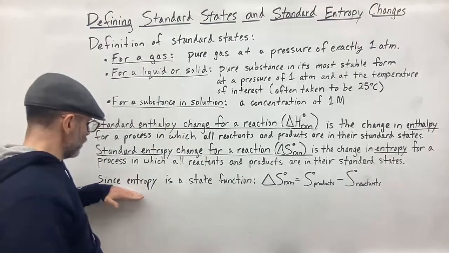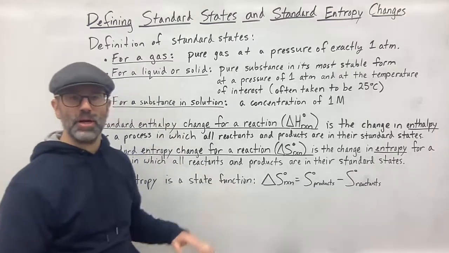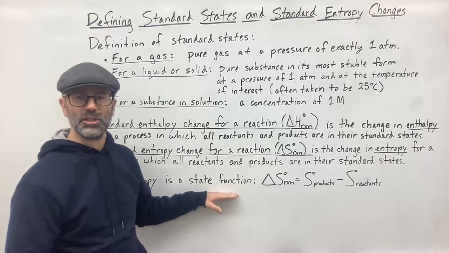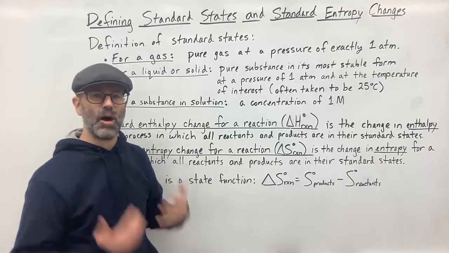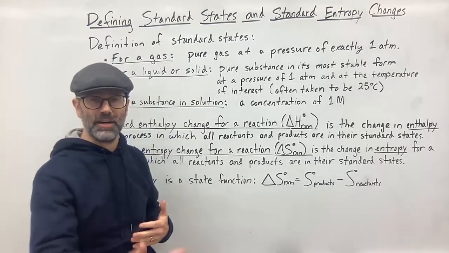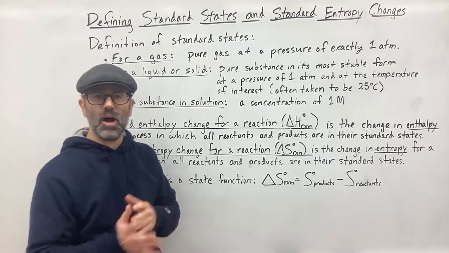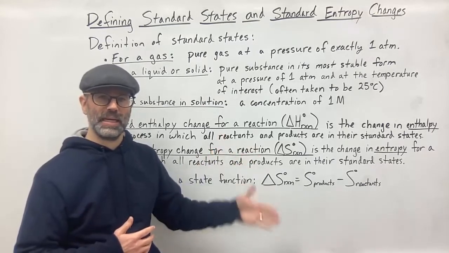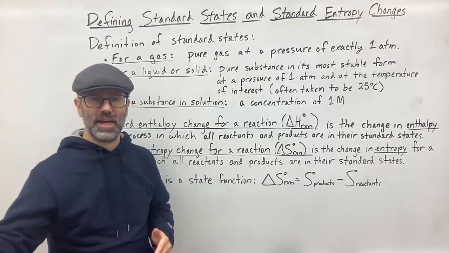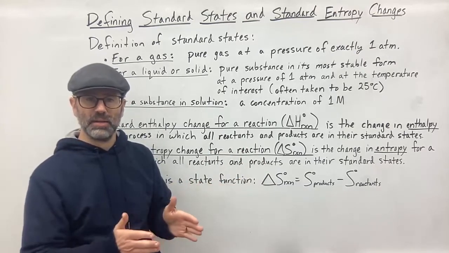And so, since entropy is a state function, remember, a state function is a function that does not depend on how you got to your end, right? All it depends on is the beginning state and the ending state, not anything in between, right?